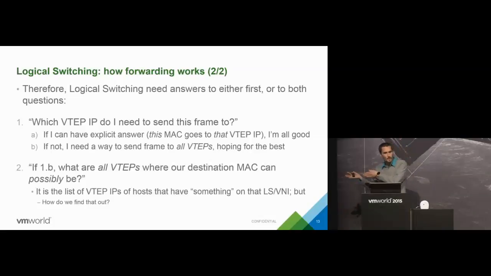So if that case happened, where it's not local, the question it needs answered is: what is the list of VTAPs that I need to send to? Remember, VTAPs are addressed by IP addresses, and these IP addresses can be anywhere. So you need to be very specific about which IP addresses you send things to. You cannot just flood. You need an explicit list of these IP addresses to send to. So how do we find out?